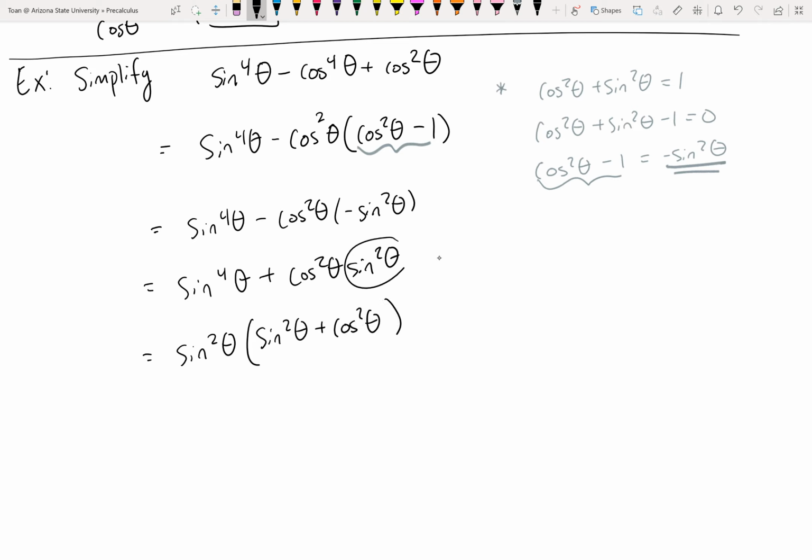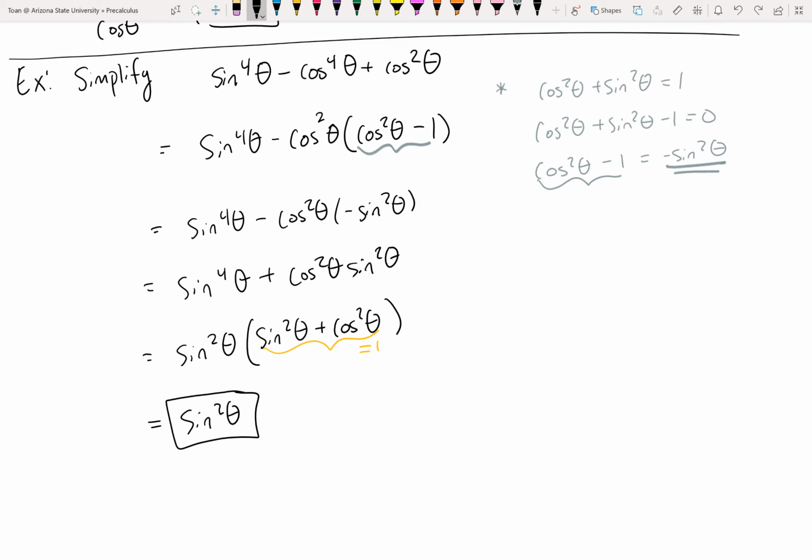And there's no more sines because we took them all away. And what do you know? We have Pythagorean identity. So this guy here should equal 1. So this whole guy should just equal a sine squared, right? So this ugly mess equals a plain old sine squared.